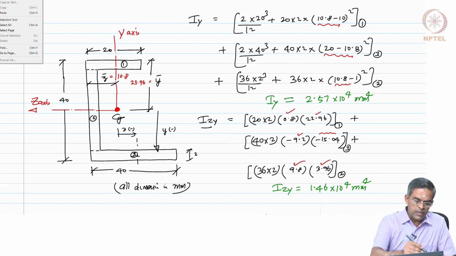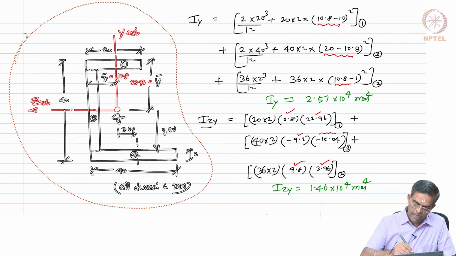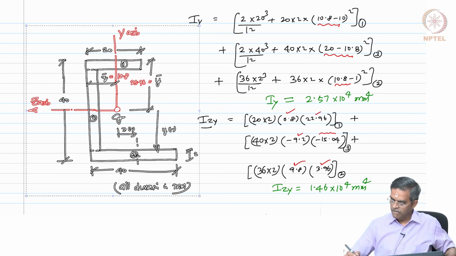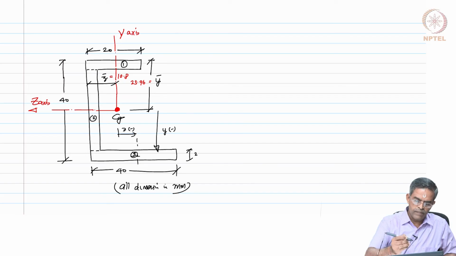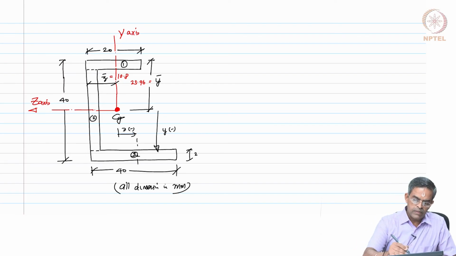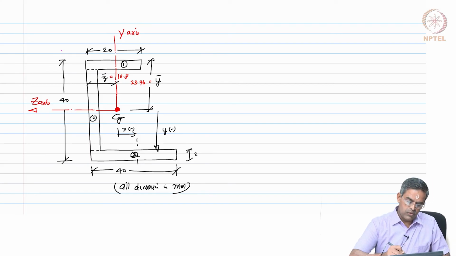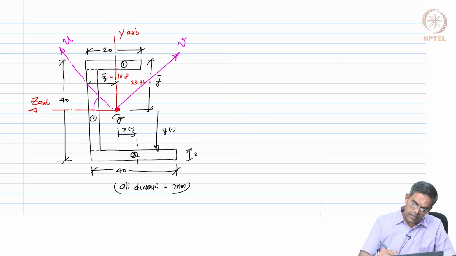Let me draw this figure again, and let us mark the UU axis and VV axis. So, this is my V, this is my U axis, and we know this angle measured from positive Z is alpha.